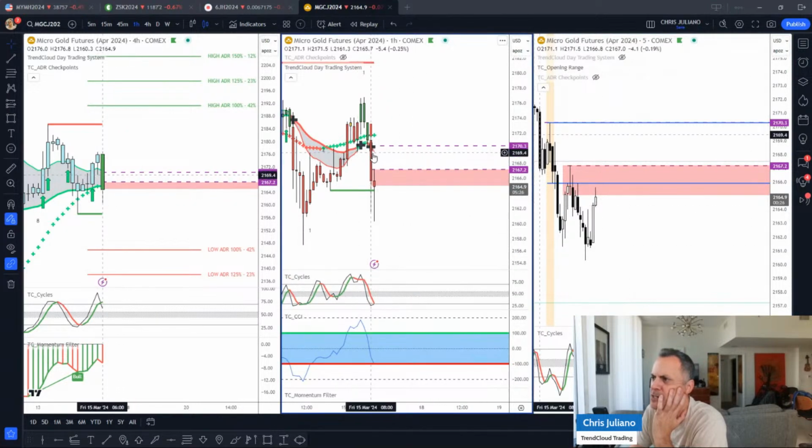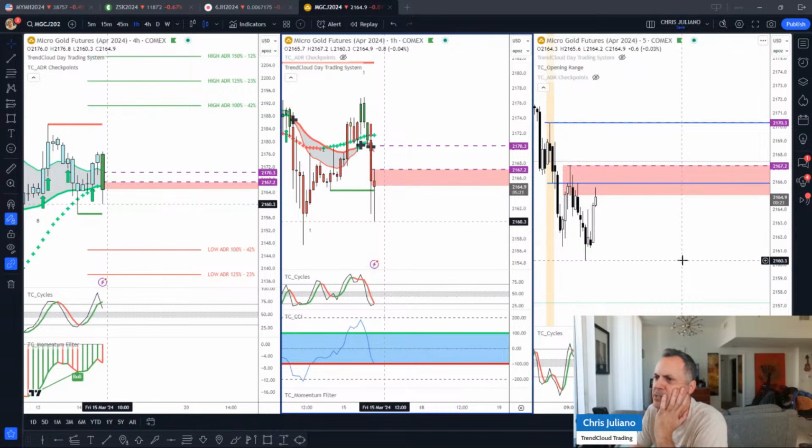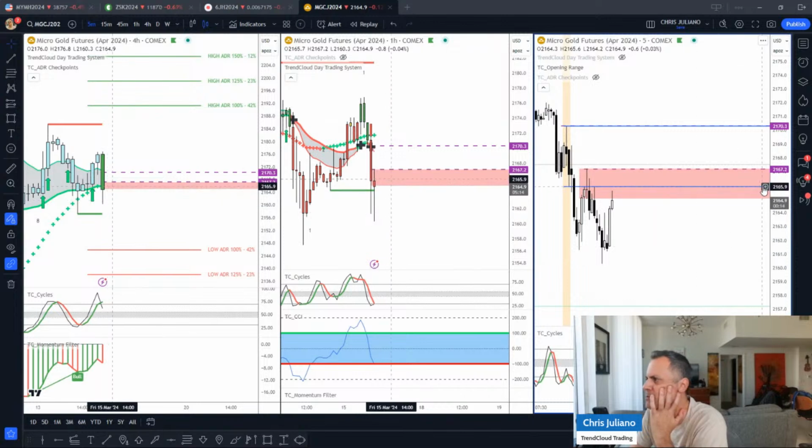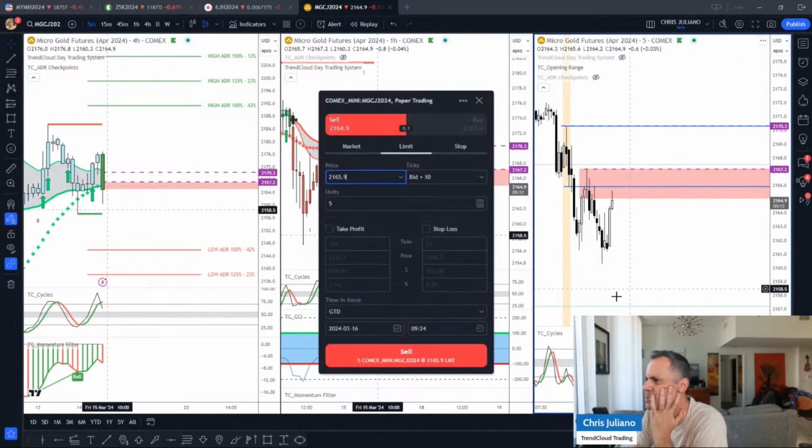We do have the crossover. So this is possible. How expensive is that? We can take a small risk.